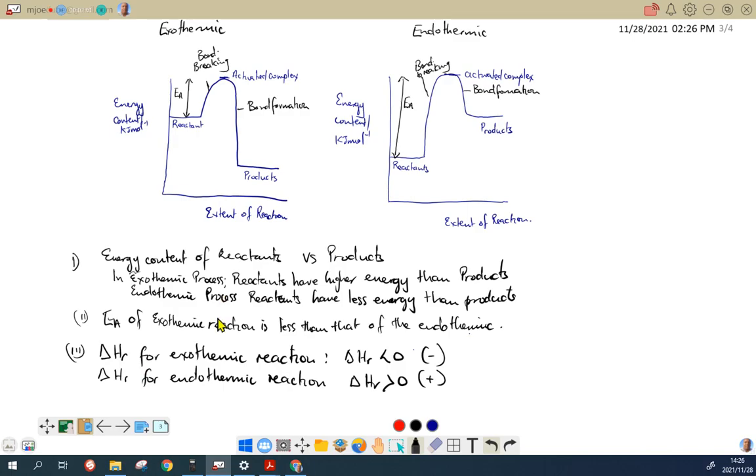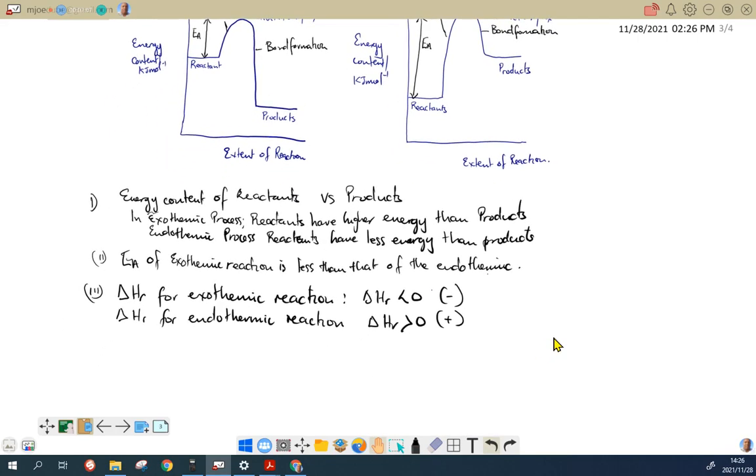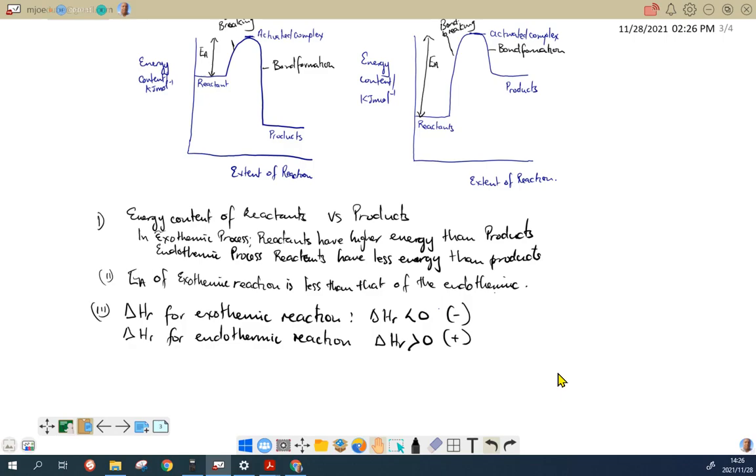Another thing, if you were to look at the reverse reaction, the EA, the activation energy for the reverse reaction of your exothermic process, is going to be higher than the EA for the endothermic reaction.